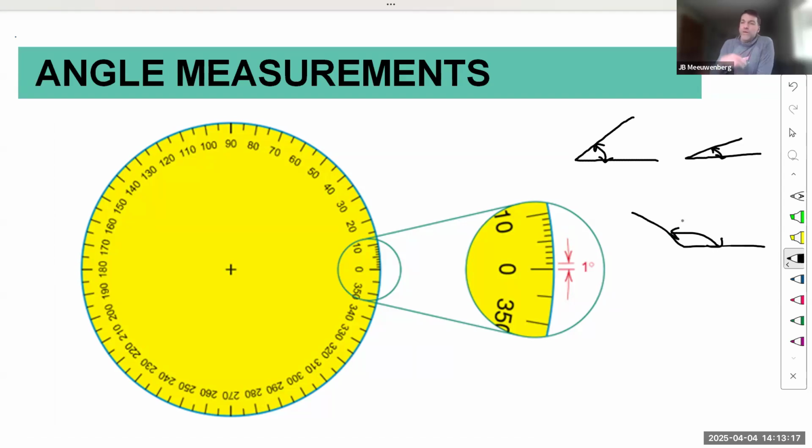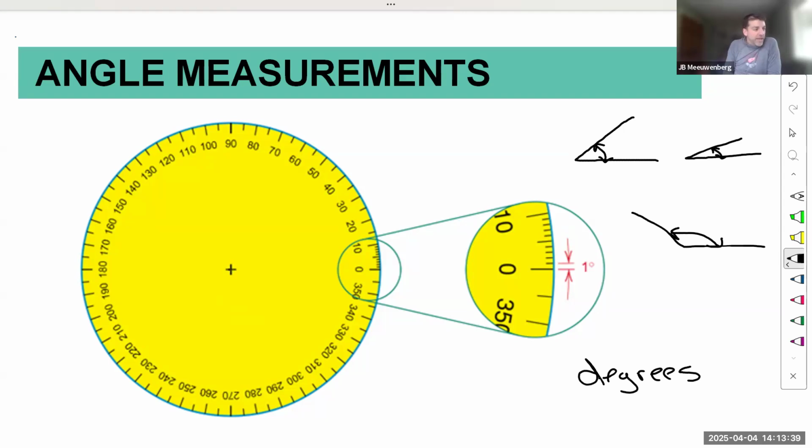And so how do we number that? How do we assign a number to our angles? We do it with degrees. And what they did was they took a circle and they cut it up into 360 equal parts. And those parts are called degrees.